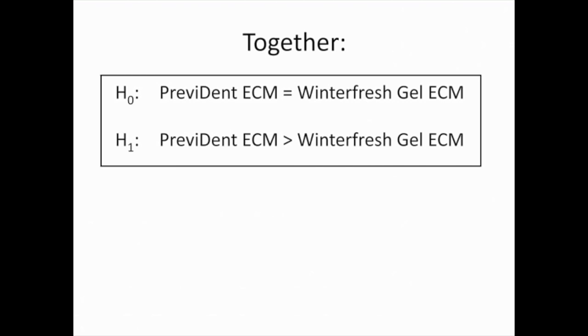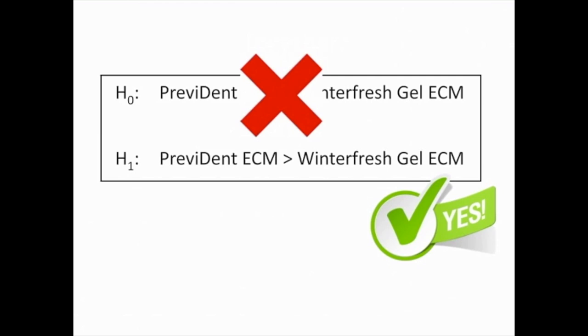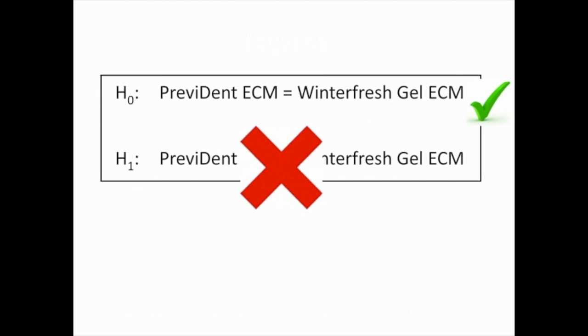In this case, Prevident either does or does not result in better remineralization. Rejecting the null hypothesis means support for the research hypothesis. Conversely, accepting or failing to reject the null hypothesis means lack of support for the research hypothesis. Researchers are usually not happy with this outcome, as they are generally looking for support for the research hypothesis.